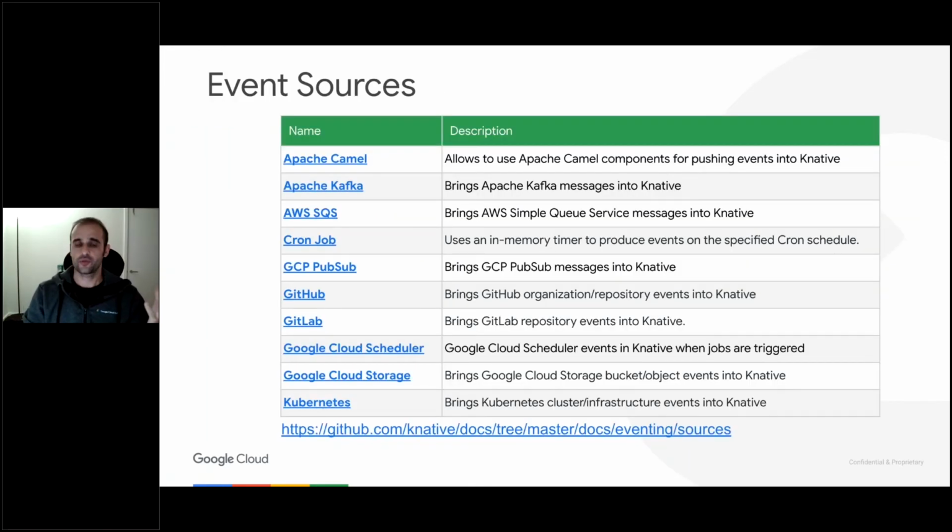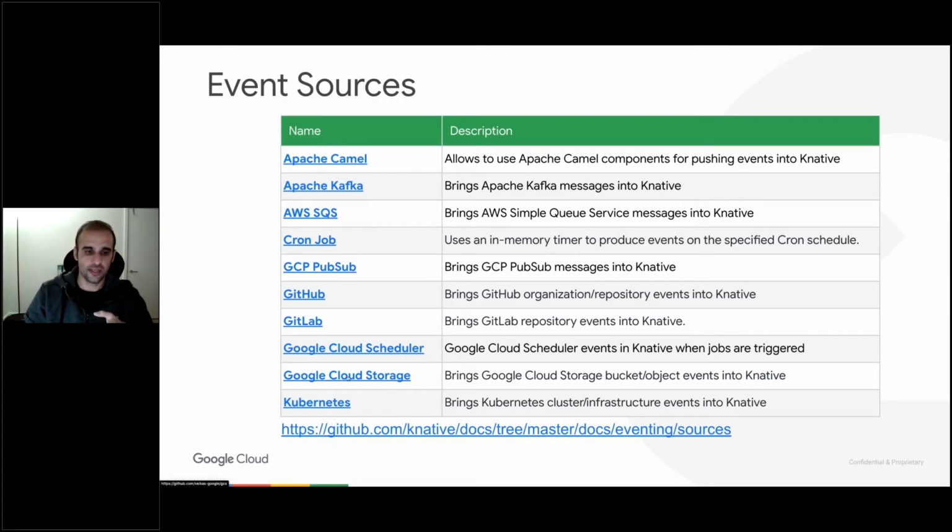Now, what kind of event sources do we have? So what kind of events can you read into your cluster? As I mentioned, you can actually have pods in your cluster that create the cloud events themselves and send those cloud events to the broker themselves. So you can have in-cluster event producers, but you can also have these event sources that you can install into your cluster that will pull events into your cluster.